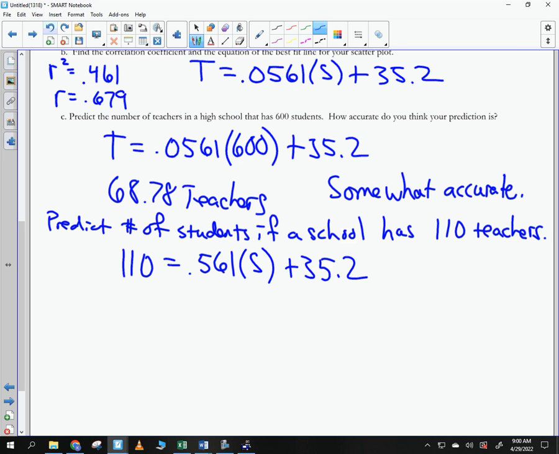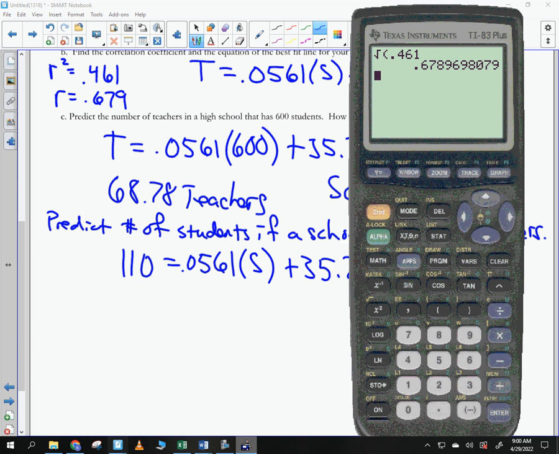That can make a big difference. Not 0.561, but 0.0561. Thank you very much for catching that. So what am I going to do to solve this? Subtract my 35.2, and then divide the result by 0.0561.